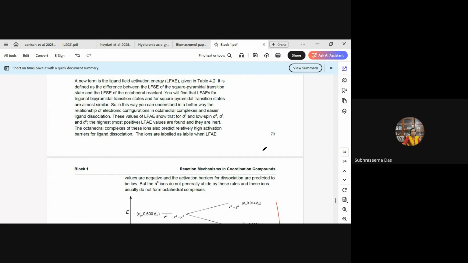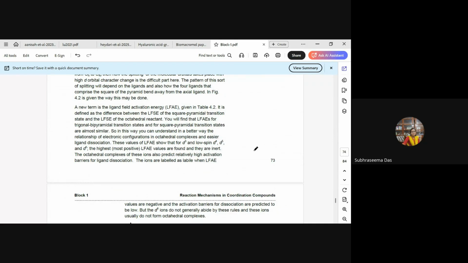So a new term is the ligand field activation energy, that is called LFAE. It has been given in table 4.2. It is defined as the difference between the LFSE of the square pyramid intermediate, that is the transition state, and the LFSE of the reactant that was present initially.